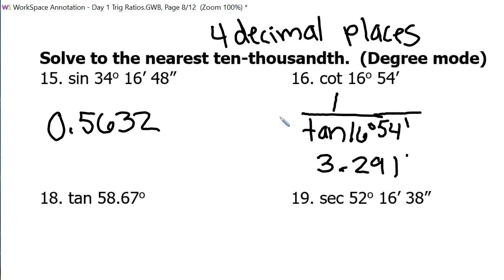So hit the cosine button and type in the degrees. Do you have number 17? I agree, .8455.